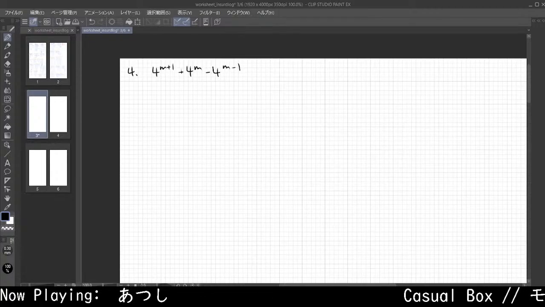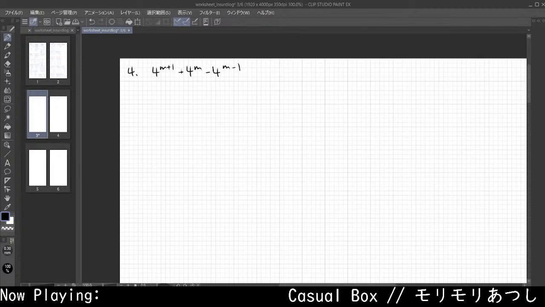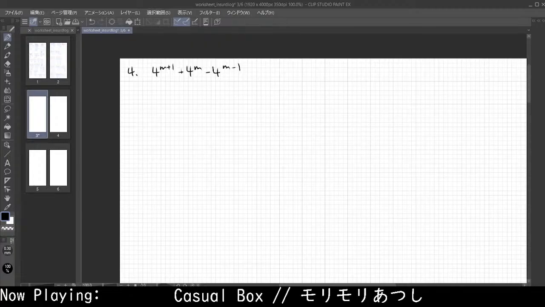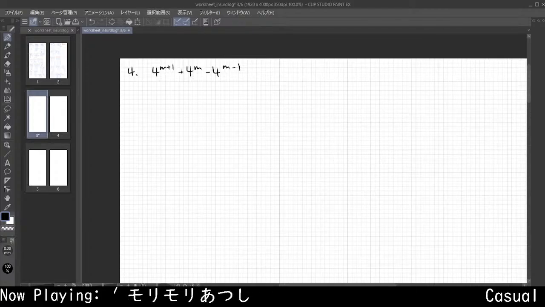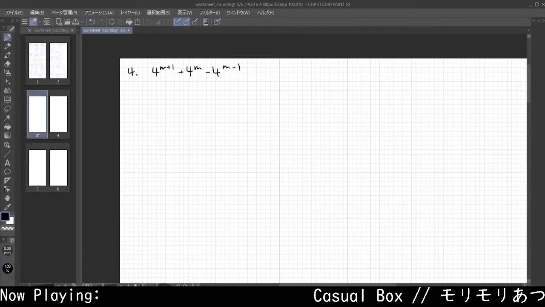You multiply become plus, divide become minus. Then you have the other portion where you can do the reverse: if you have plus and minus in the power, you can split it. Powers adding together, you can split into multiply. Minus power, you can split into divide.